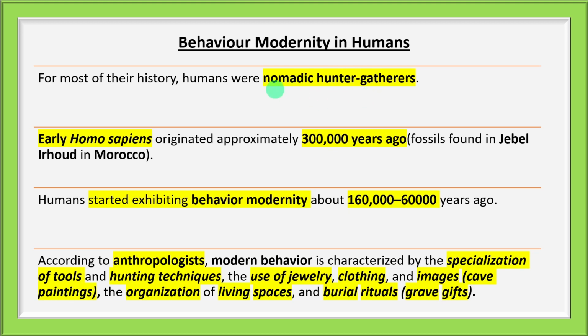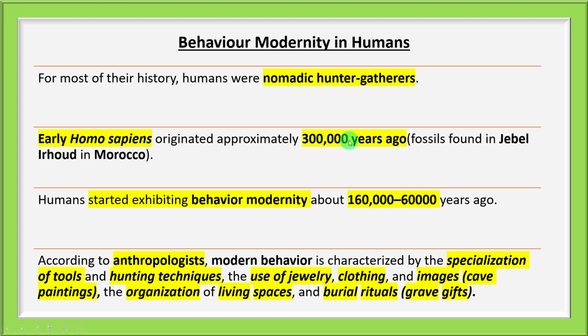And as agriculture was not there yet, we were not growing anything. Because of that, the food in a particular place got exhausted, and then we had to move to another place that was rich in resources. So this was the lifestyle.